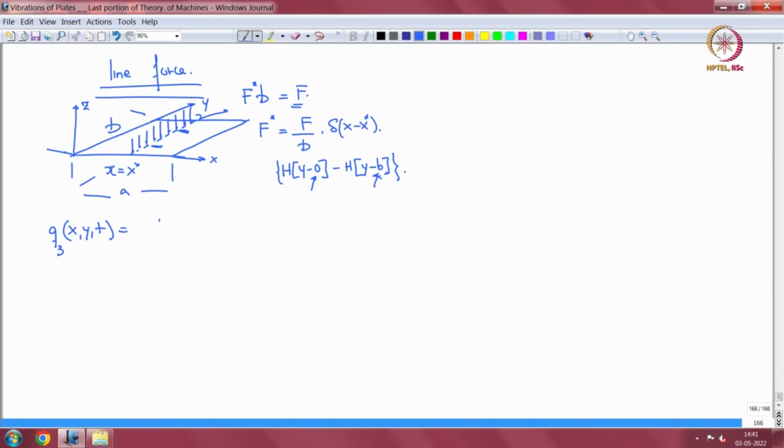It is total force over distance in the y direction located at x equal to x star between y equal to 0 to y equal to b, and it is harmonic. Now, from here you can proceed to get your Fmn and so on.